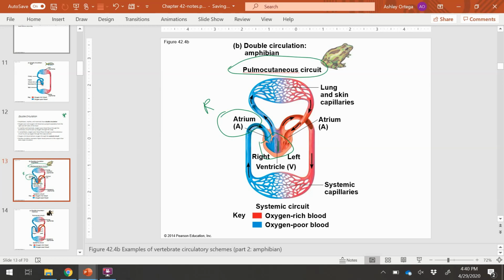And so that's going to keep most of the blood going to the lungs through the artery here as it goes away. And then it's going to circulate through the lungs or the skin.